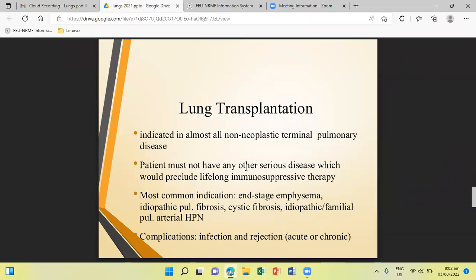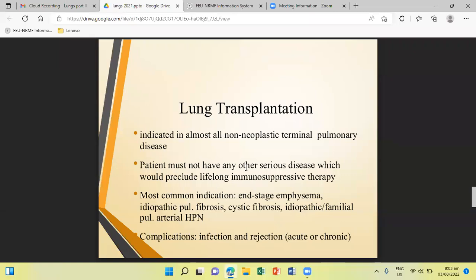The most common indications are already enumerated. When bilateral chronic infection is present, like in patients with cystic fibrosis or bronchiectasis, both lungs of the recipient must be replaced to remove the reservoir of infection. With improving surgical and organ preservation techniques, post-operative complications are becoming rare.